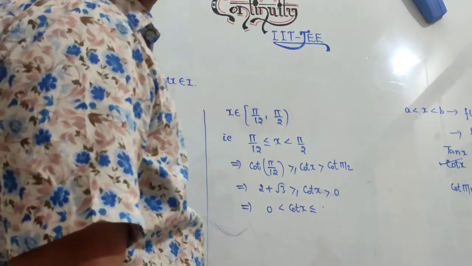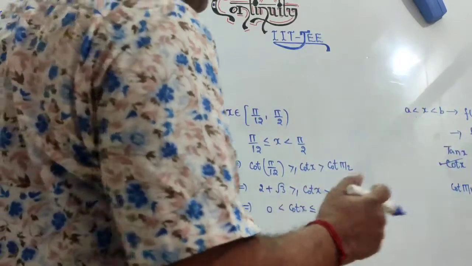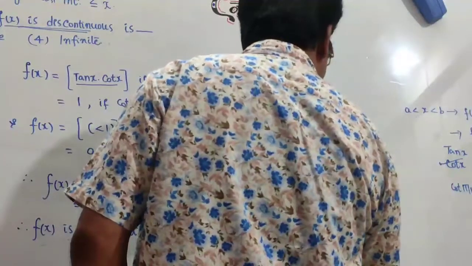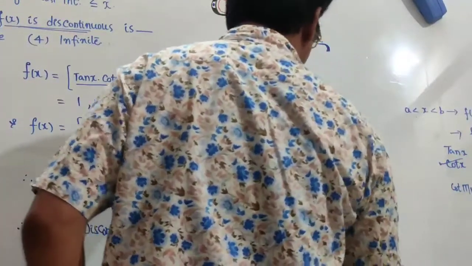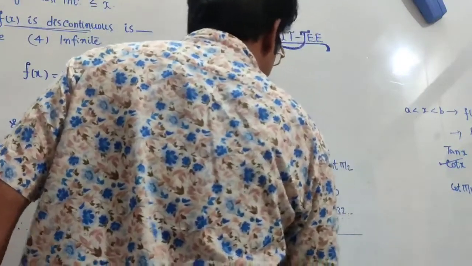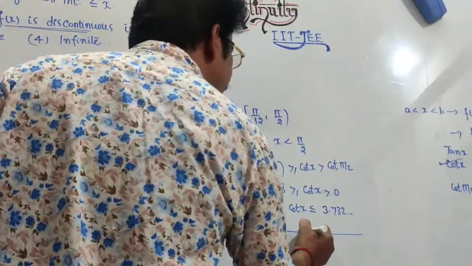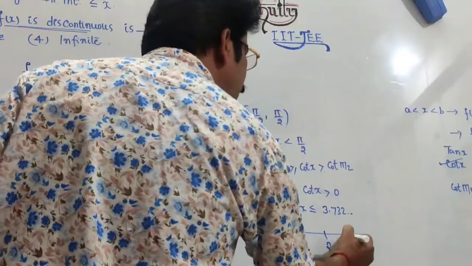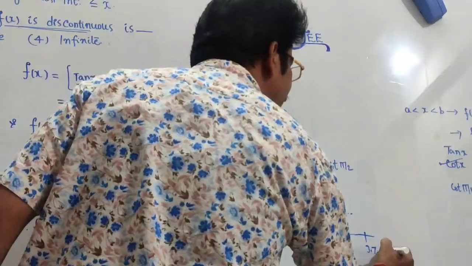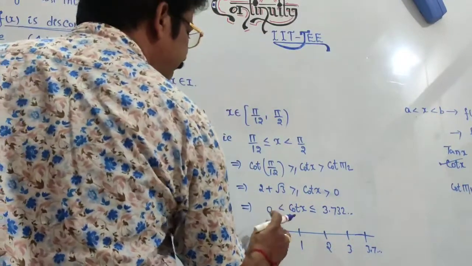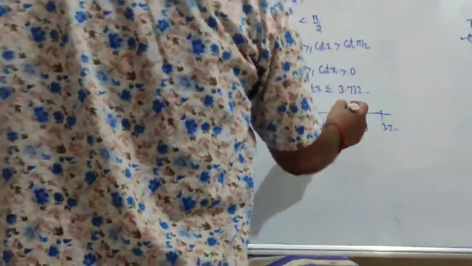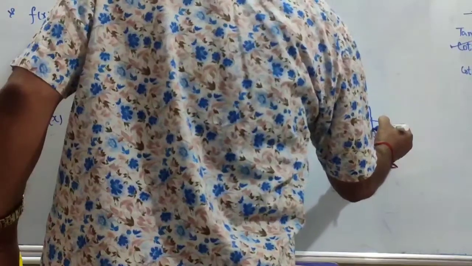Root 3 is approximately 1.7, so 2 plus 1.7 is about 3.7, something like 3.732. So in this interval, this is 0, this is 1, this is 2, this is 3 and 3.7 something. The open interval is from 0 to less than or equal to 3.7.